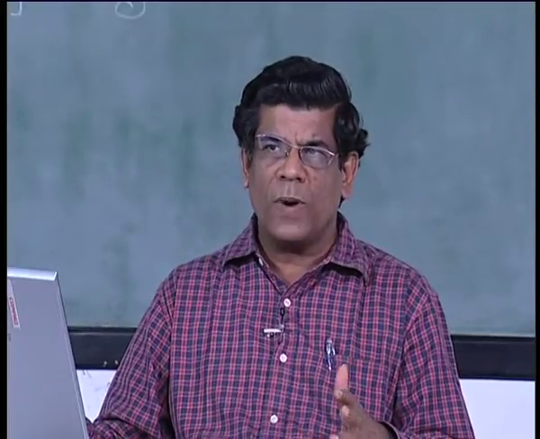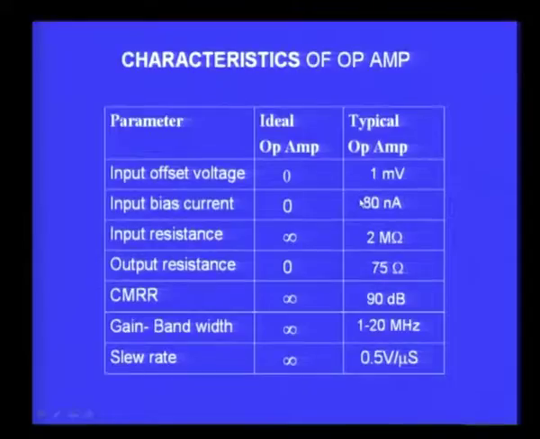Therefore, it is impossible to have a 0 bias current, even though we list it as 0 in the ideal case. So, in the actual case you would find it will be around a few nanoamperes. In this case, in a 741 it is 80 nanoamperes.